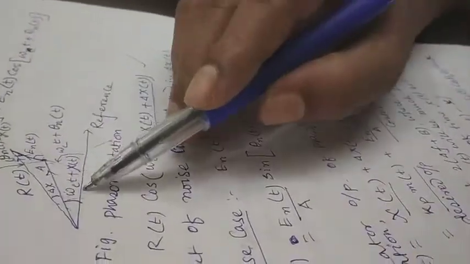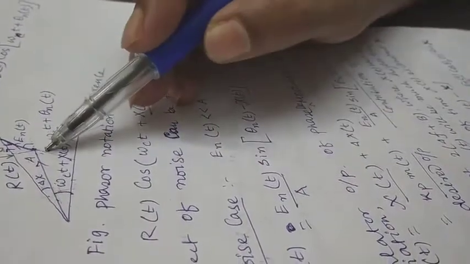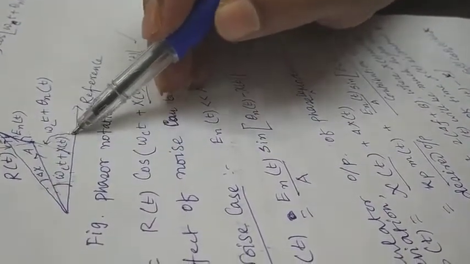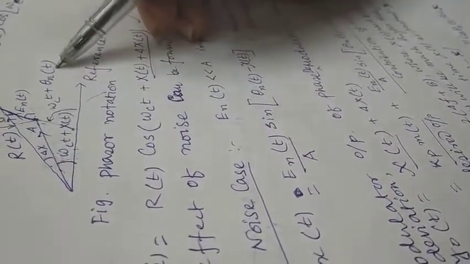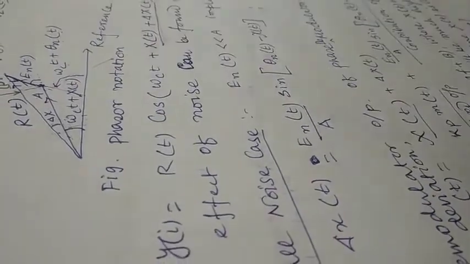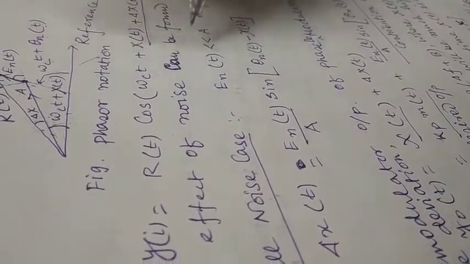So here this is the angle omega_c t plus psi(t). This angle we are calling omega_c t plus theta_n(t). This will be important to calculate the noise when the noise is small, E_n(t) very much less than A. So I will calculate that.